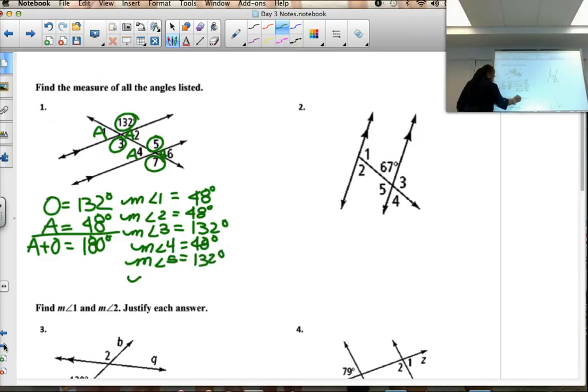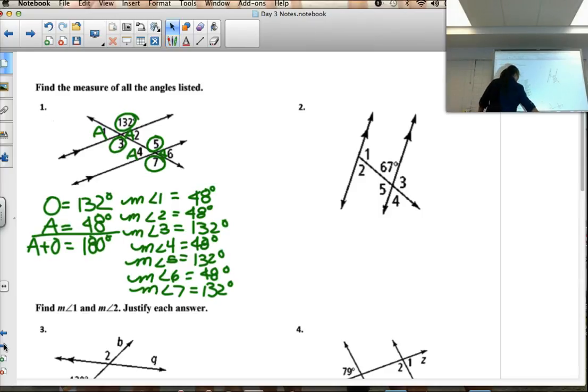Measure of angle 6. What is it? 48. And the measure of angle 7? 132. And that's all you needed to do. But you need to list all of the angles, and everything comes from knowing that your obtuse angle has a measure of 132.